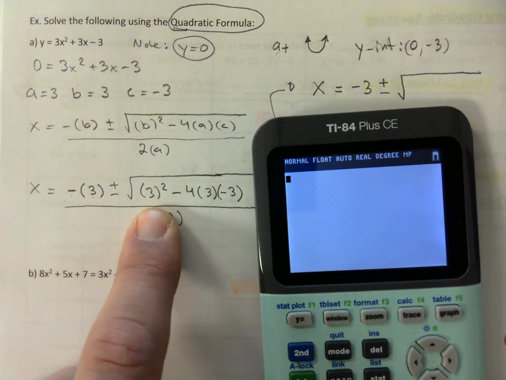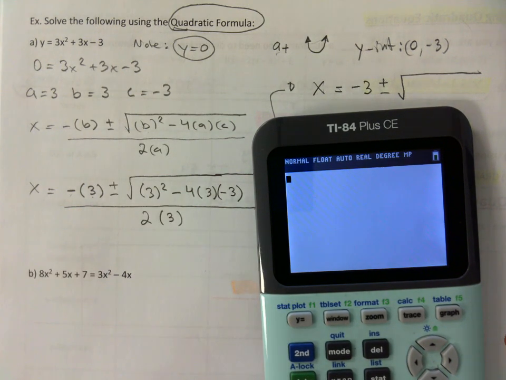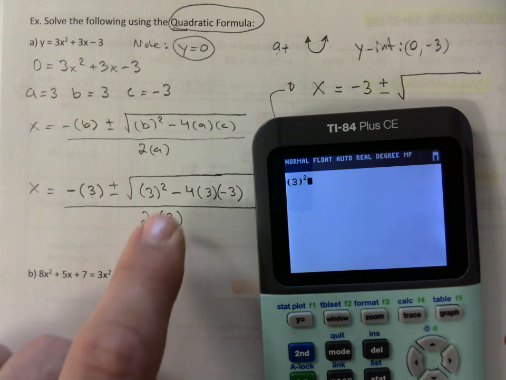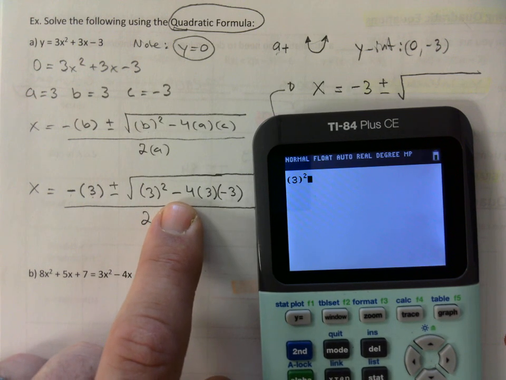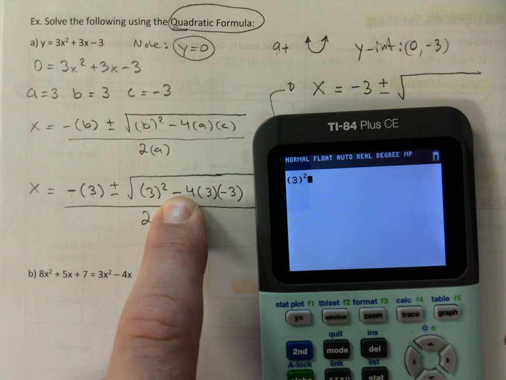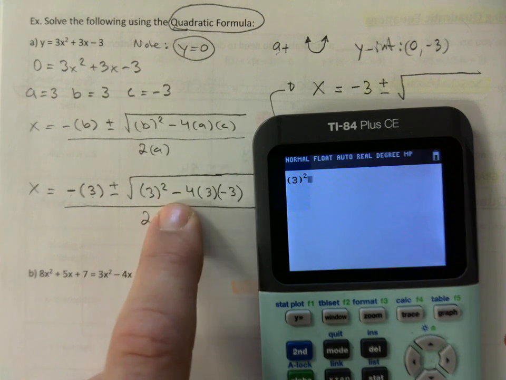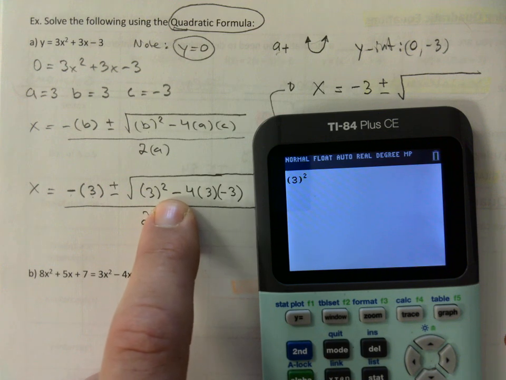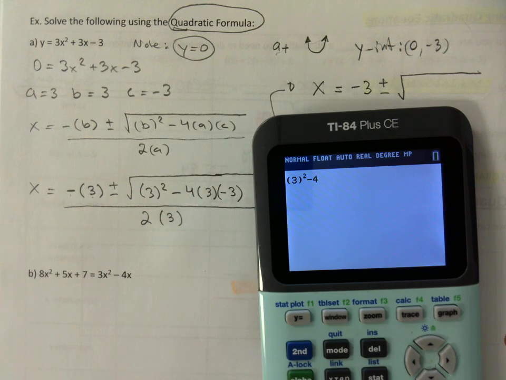If you want to make absolutely sure that you do this right, use brackets. Type it in exactly the way you see it. However, this is a minus. This is not a negative. This is a subtract. So if you need to make a note to yourself, otherwise you're going to get the wrong answer. I can just do times 3 times negative 3.